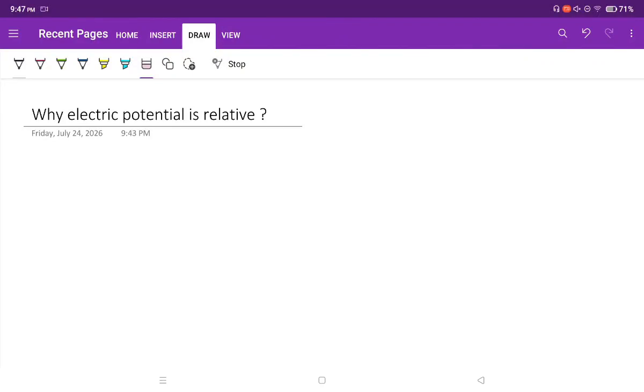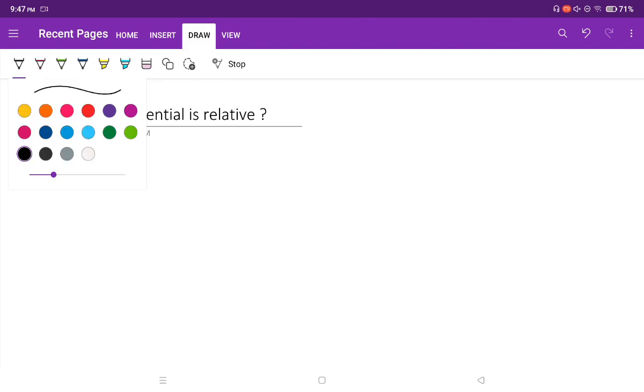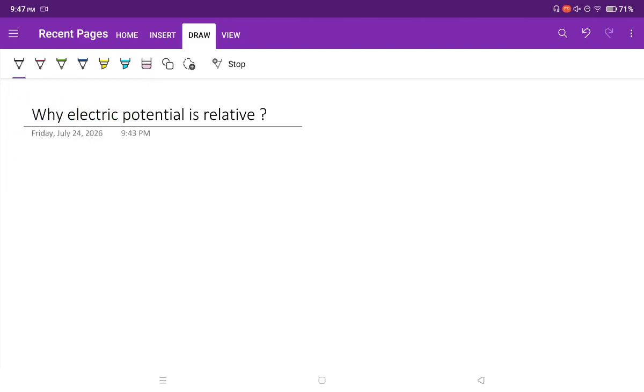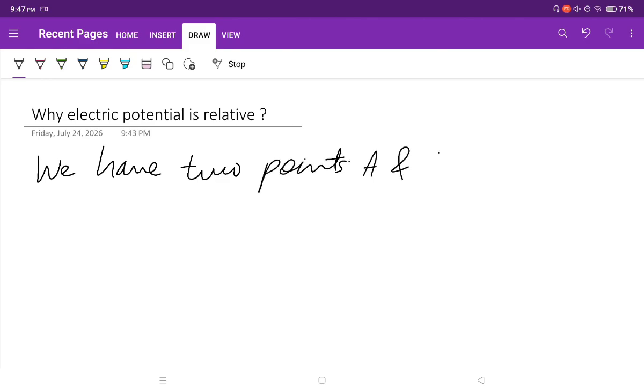Let's study why electric potential is relative. Suppose I have 2 points, A and B. This is point A, this is point B, right?